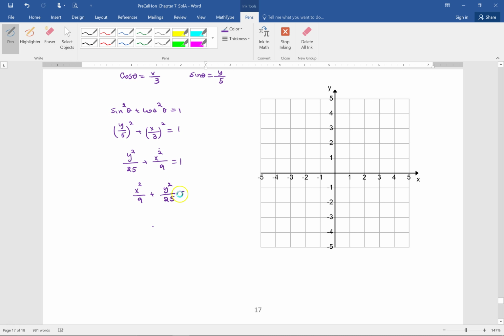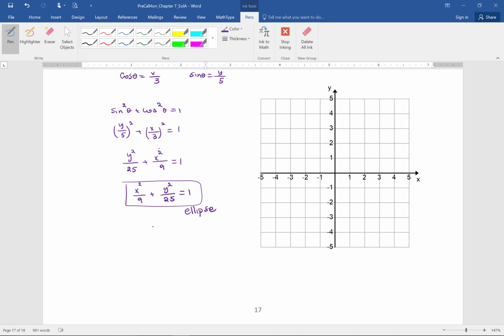What is this? What shape is this? Oh my goodness, what shape is this? This is an ellipse. Is this a horizontal or a vertical ellipse? It's a vertical ellipse. How do we know that it's a vertical ellipse? They're both positives. Where is the A?